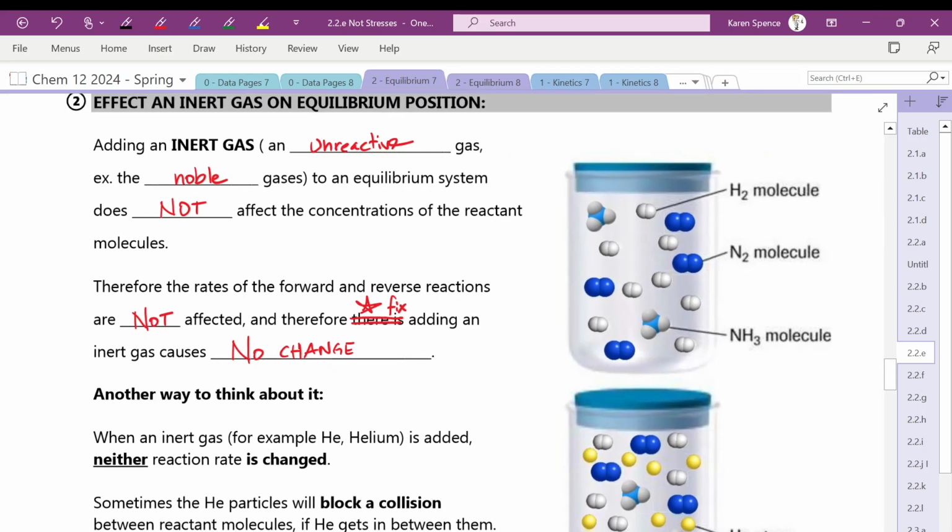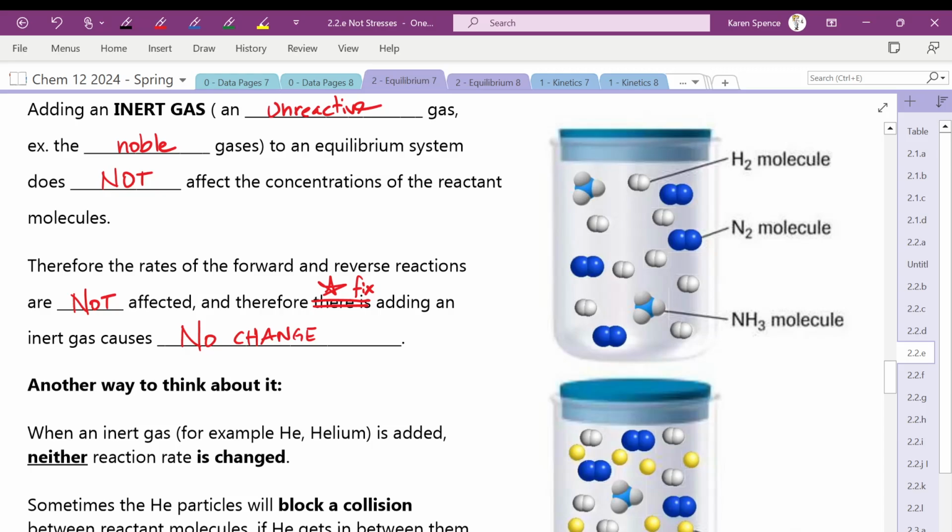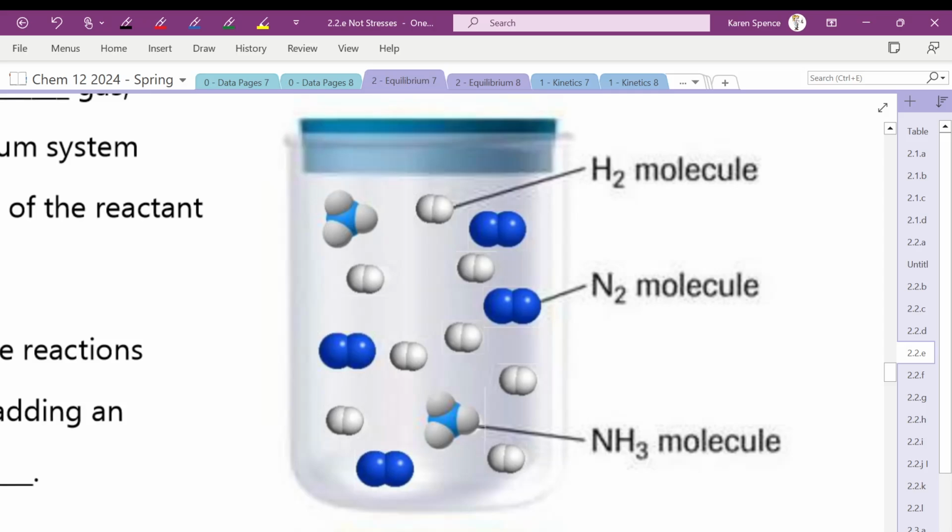Now, are you guys happy with that, or do you want me to walk through this little picture diagram thing? Okay, so here we have some N2, some H2, and some NH3. The equilibrium with those is N2 plus 3H2 in equilibrium with 2NH3.